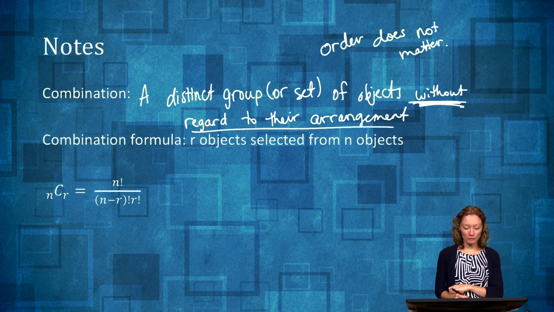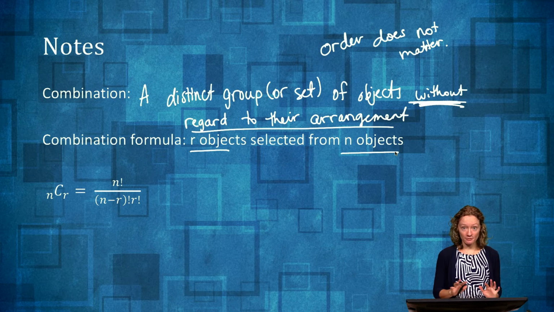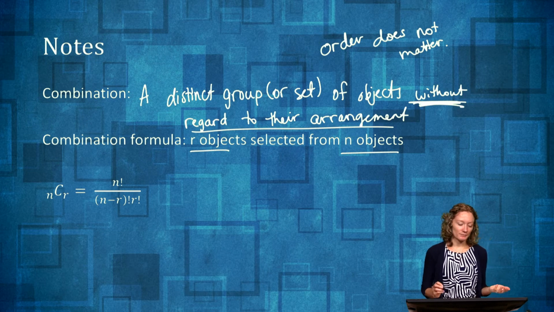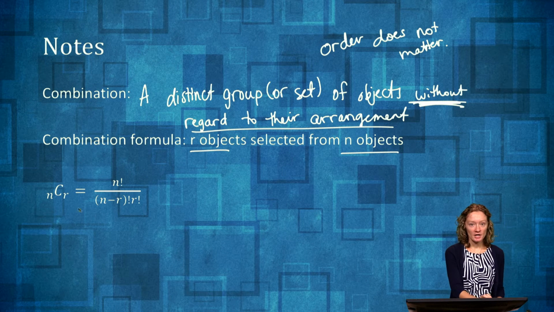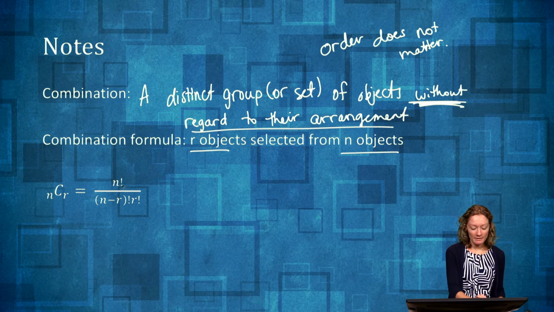And so our combination formula, where we have R objects being selected from N objects, feels exactly the same as permutation, but the distinction here is that the order doesn't matter. And so the formula, nCr, is something that you can type in the calculator or do by hand, as in the previous video. It's n factorial divided by n minus r factorial.